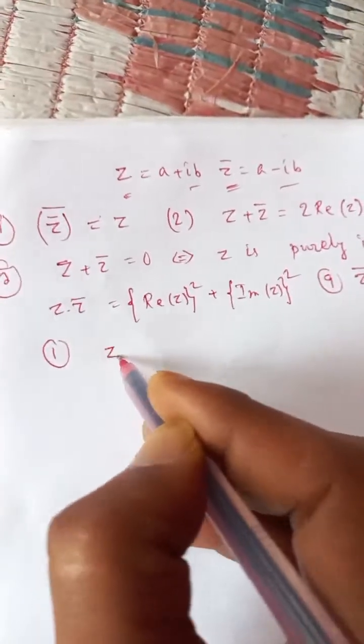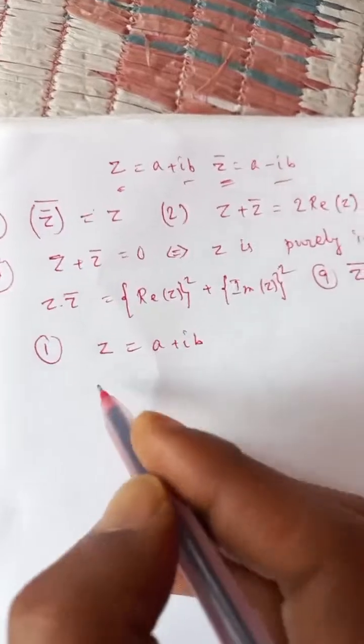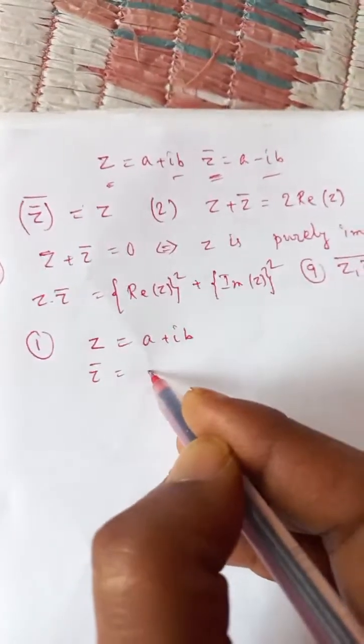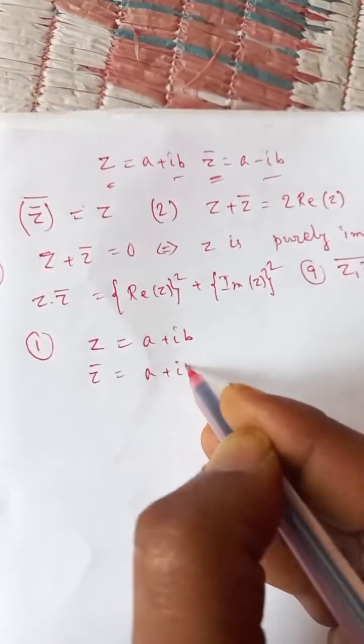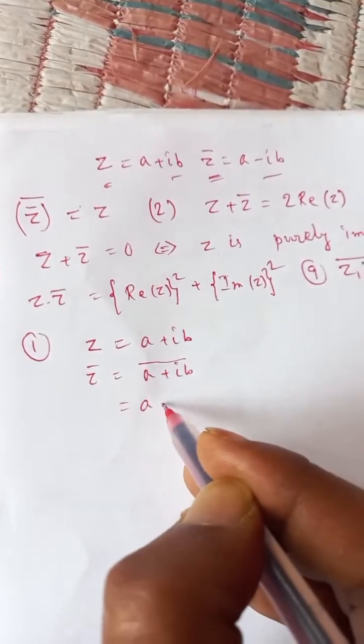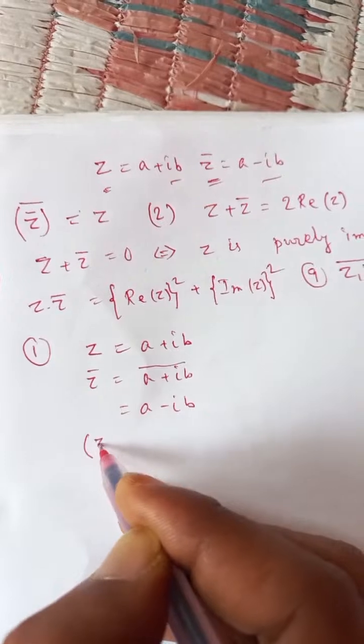We have taken Z is equal to a plus iota b. So Z bar will be a minus iota b. Then again we take the bar.